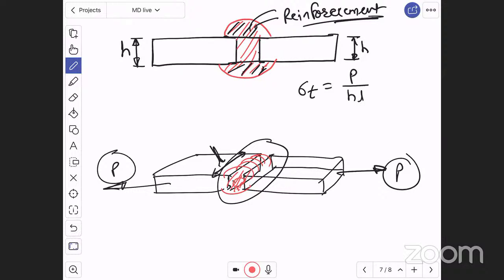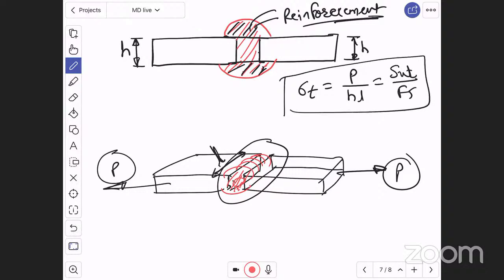And this sigma T is considered equal to SYT divided by the factor of safety if it is a ductile material. But generally, after welding, the welded portion becomes brittle. Therefore, we have to equate with SUT divided by the factor of safety. You will study this in Strength of Materials. For ductile material, SYT is considered; for brittle material, SUT, the ultimate strength, is considered.